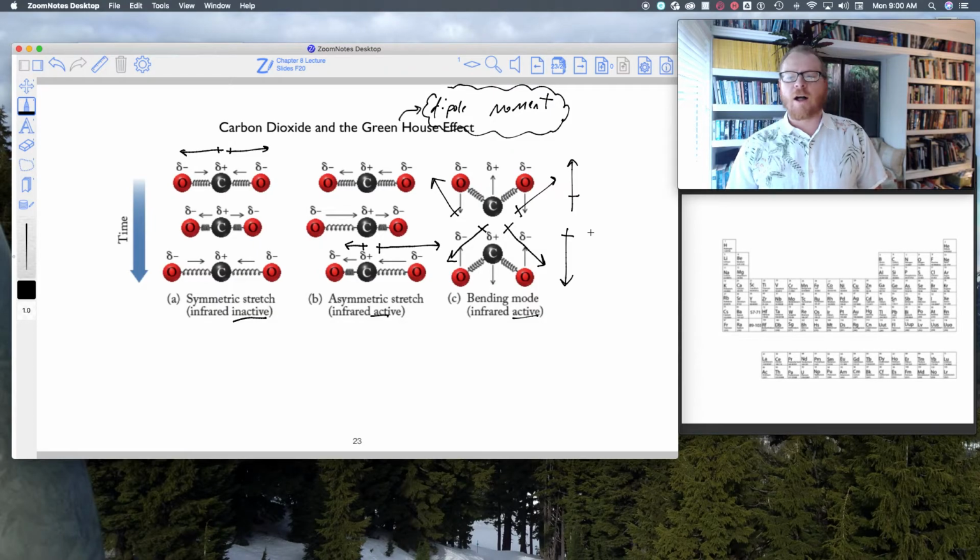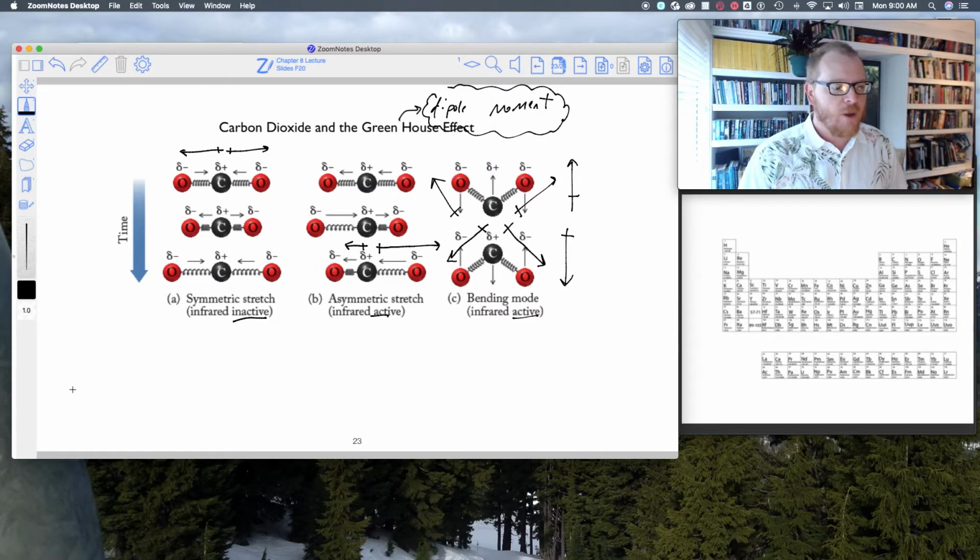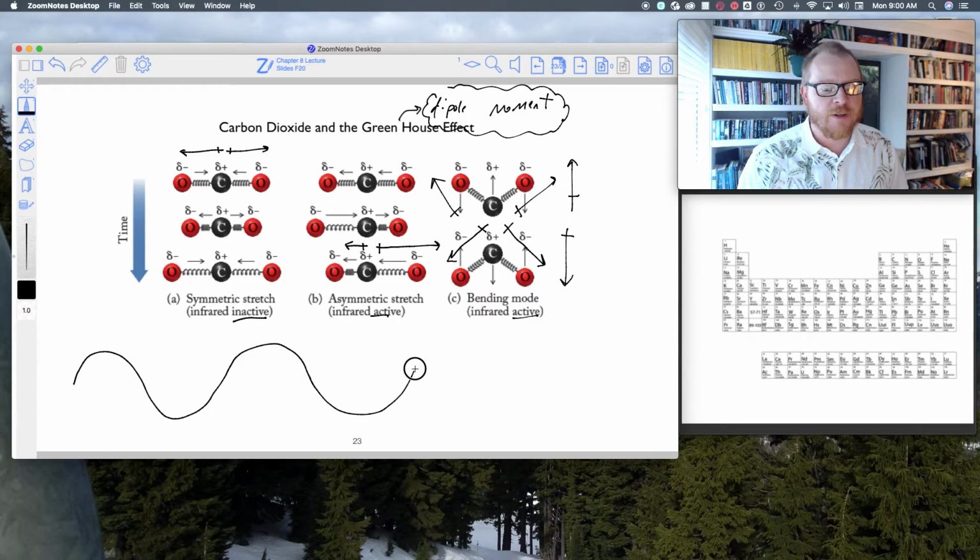Okay? Well, how is it that infrared energy can do that? When we look at a wave of light, so here's, let's say, a couple waves of infrared, and let me draw a little dotted line through the center of that.